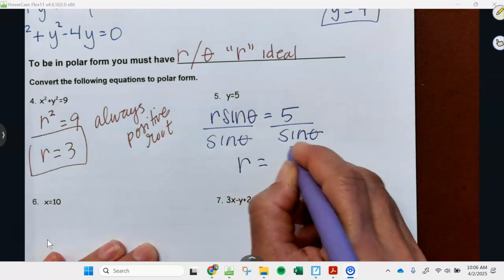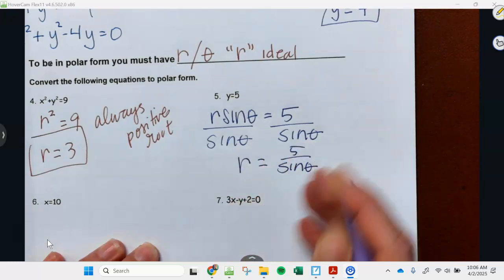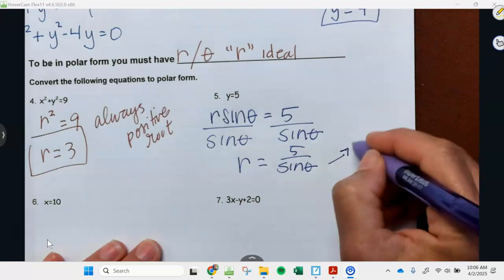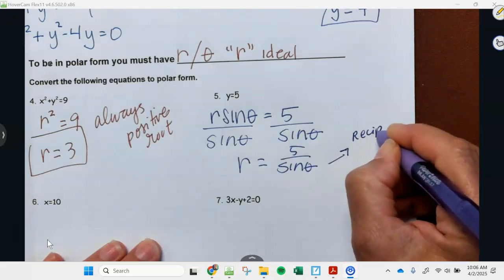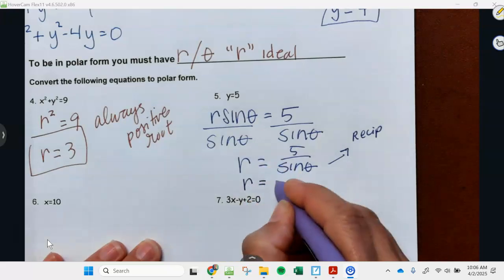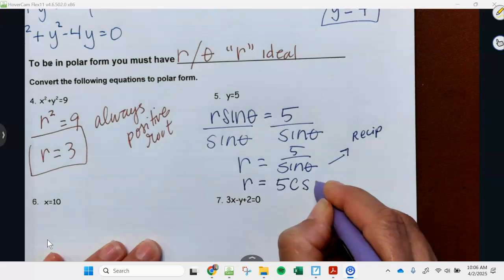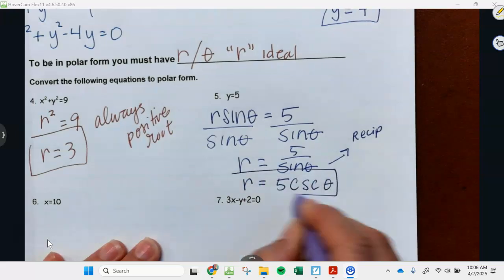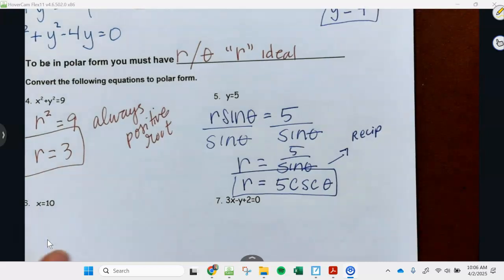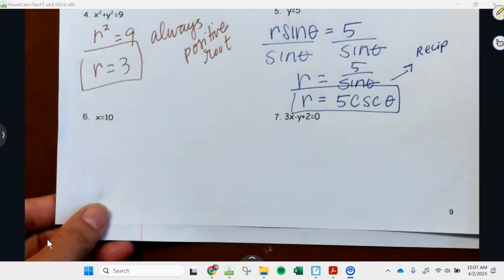So r equals 5 over sine theta. However, we're done solving. If you could clean up a fraction, then clean up the fraction. So we're going to use the reciprocal property on this. So our final clean answer is r equals 5 cosecant theta. So it's okay to have cosecant and secant, but just not in our work. Not during our work process. But a final answer is totally good.